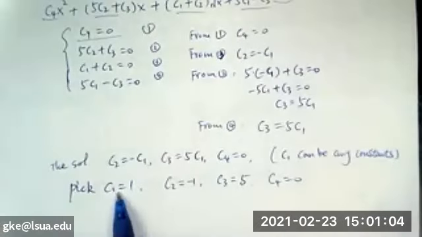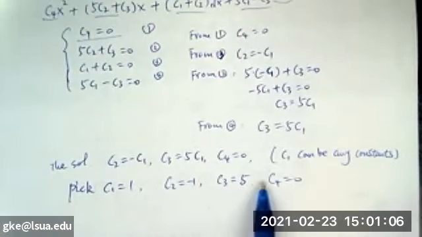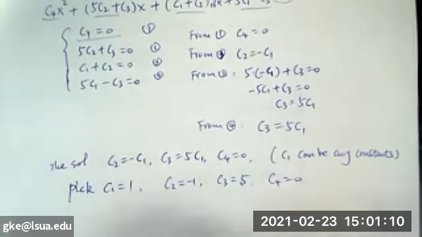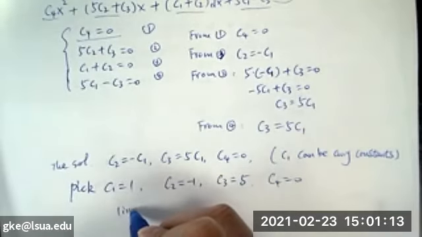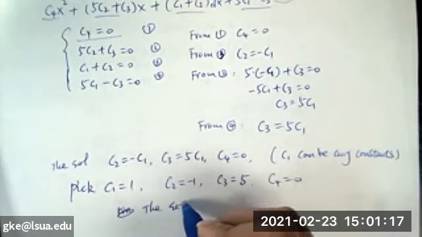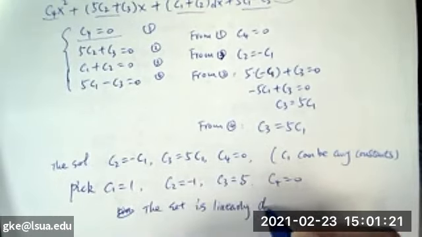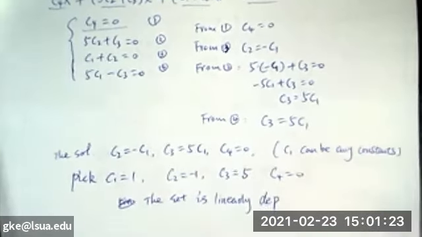Or you can pick C1 equals 2, and you can always find non-zero constants. That means the set is linearly dependent. So that's the strategy.